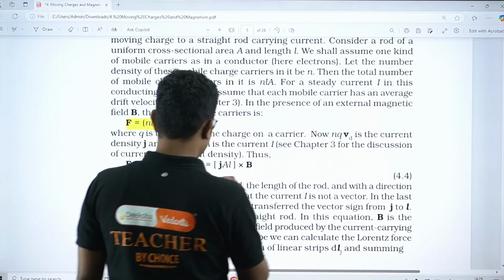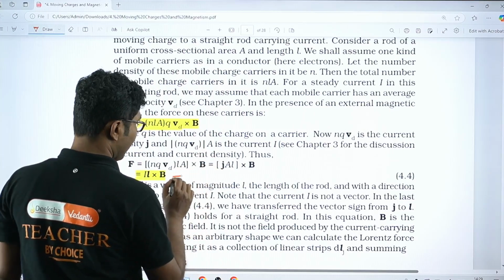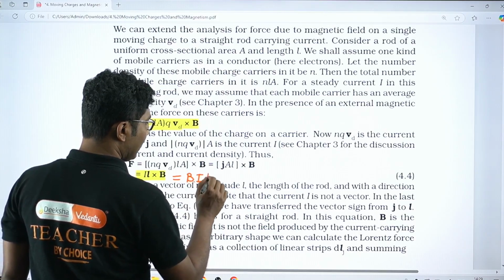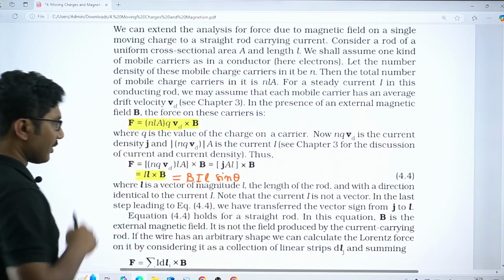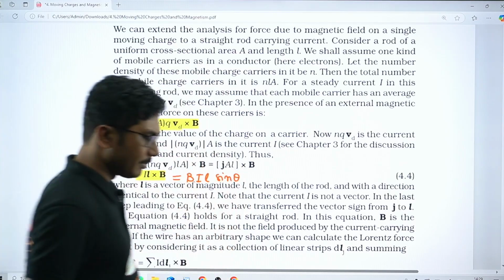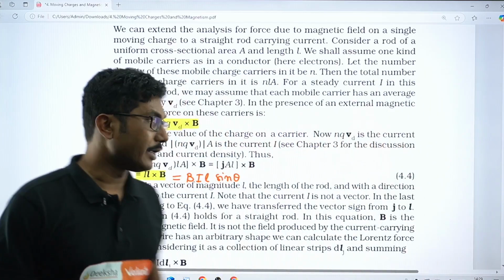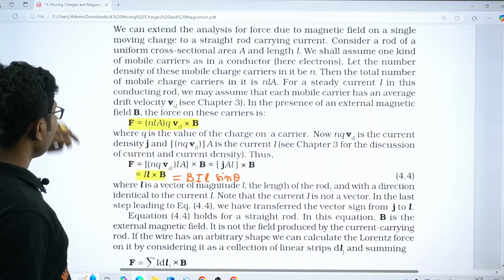Written scalar wise, F = B I l sin theta. This is the magnitude of the force. This one you have to remember. Based on this formula, a lot of numerical questions tend to come.